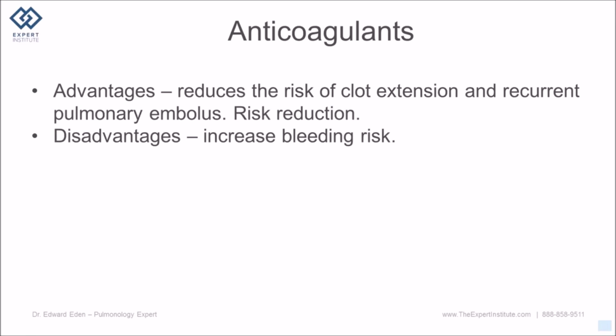It does not treat an existing clot, whether it's lodged in the pulmonary vasculature or whether it's present in the leg veins. Anticoagulation does not increase the resolution of those clots. Those clots are resolved by the natural clot busting system of the body, the fibrinolytic system.